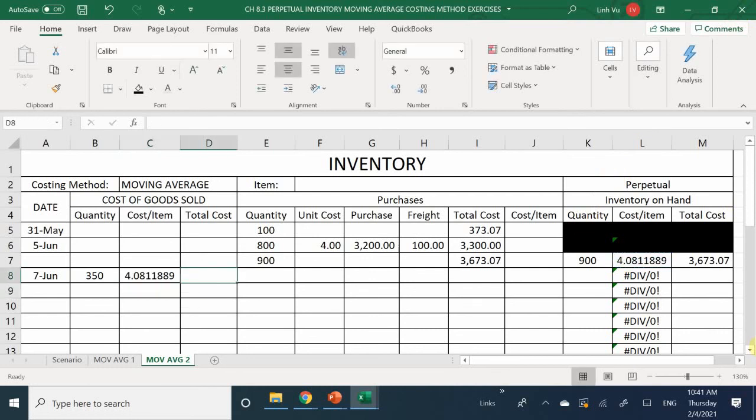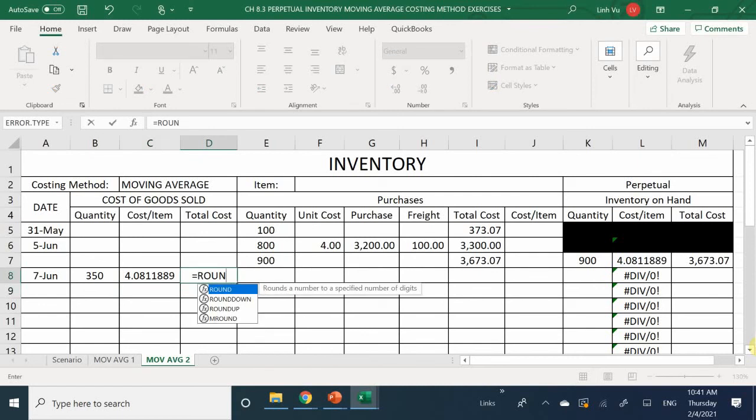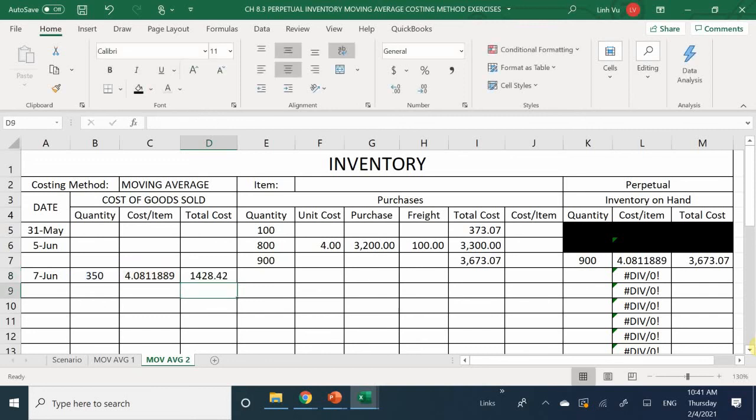So what is my total cost of goods sold going to be here? $1,428.42. Again, I'm going to subtract that out to get my new amount.